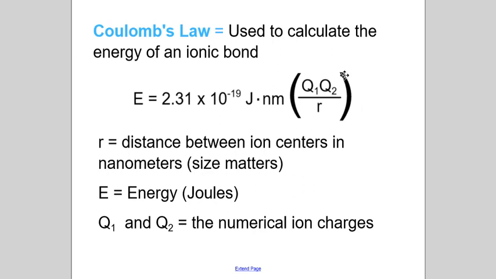And then we have the charges involved here, the numerical ion charges, whether it's a +1 or a +2 or whatever, divided by the radius. Because that distance really matters, that's in nanometers, and this will probably have the largest effect on this equation.